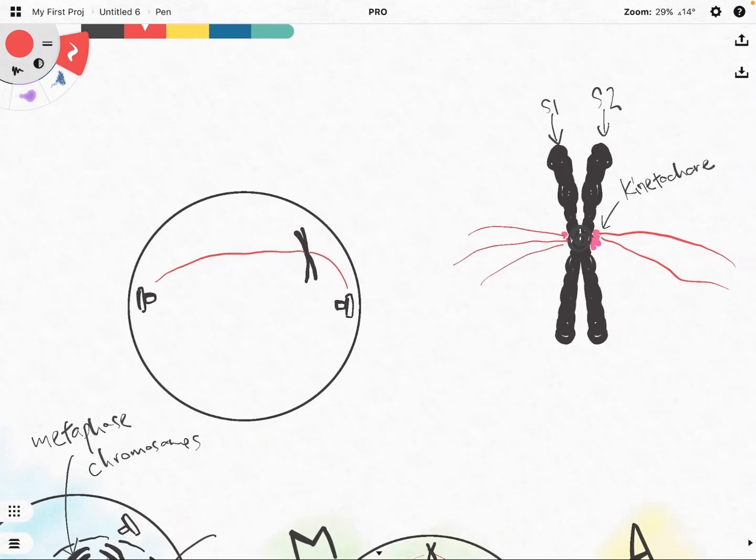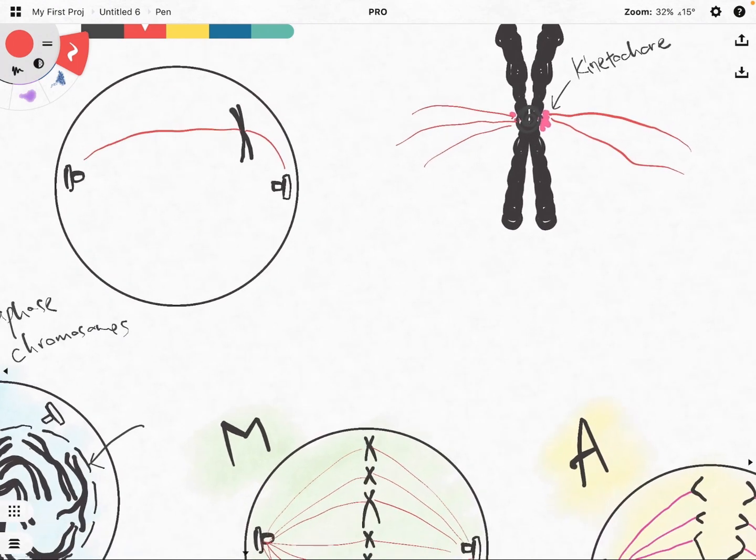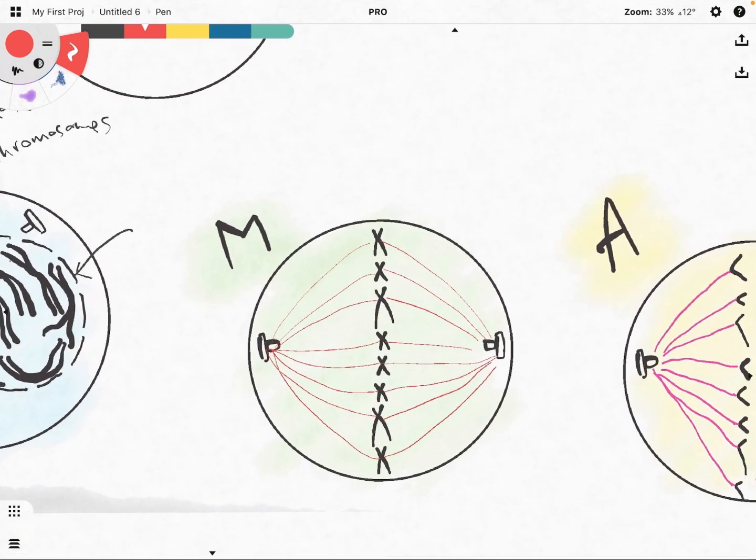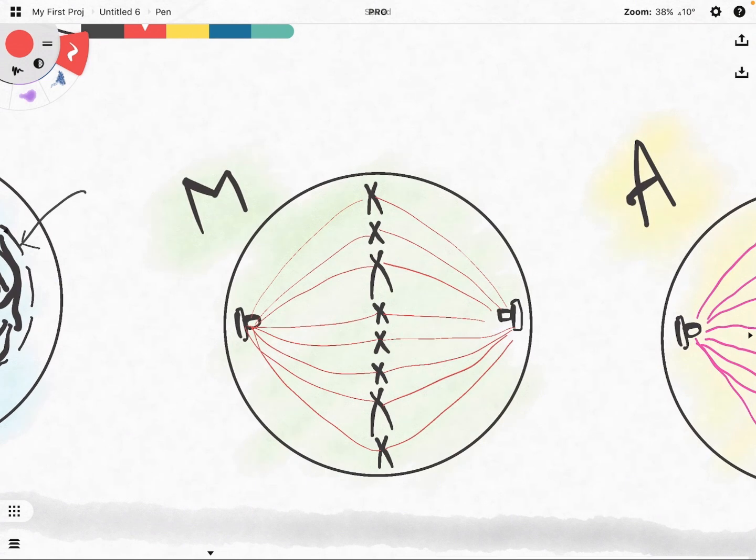In this epic tug of war, the kinetochore microtubules will adjust their lengths until the tension on both sides become somewhat similar, and at which point you'll find that the chromosomes get pulled to the middle of the cell. We call this midline the metaphase plate, and this is where the chromosomes line up singly. Here we have entered metaphase. In metaphase, all the chromosomes line up singly, as you can see here.